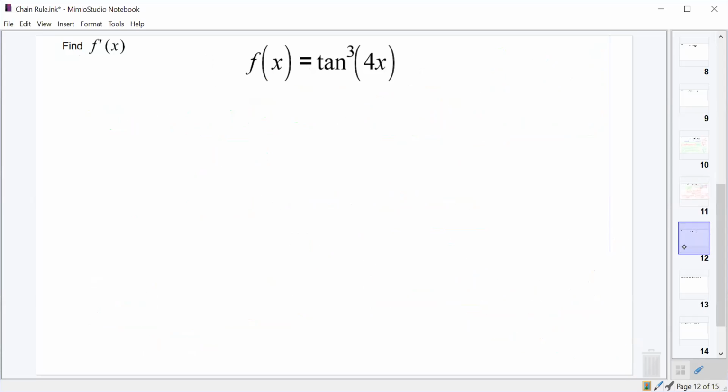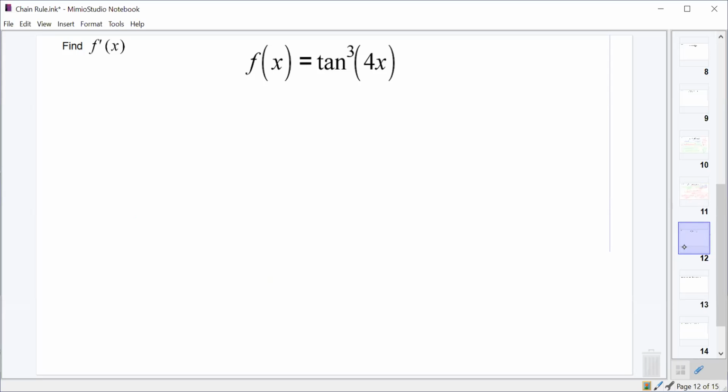All right, let's look at another one. Tangent cubed of 4x. So what are we going to do with tangent cubed of 4x? Any ideas on that? Is this two functions being multiplied together, or two functions divided, or is it a composition of functions?